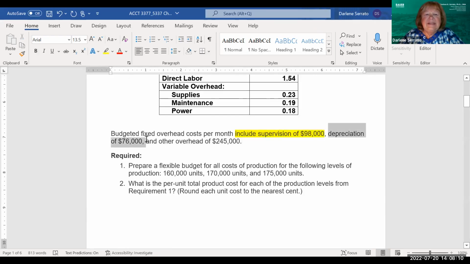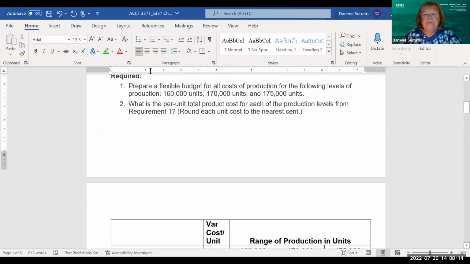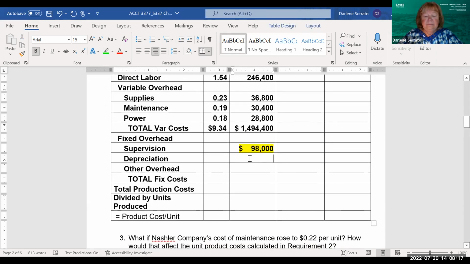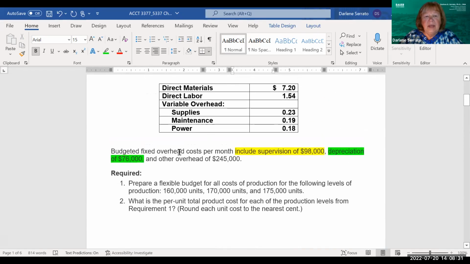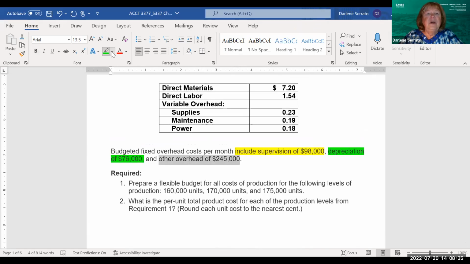Depreciation is 76,000. And then our last one is other overhead, which is 245,000.